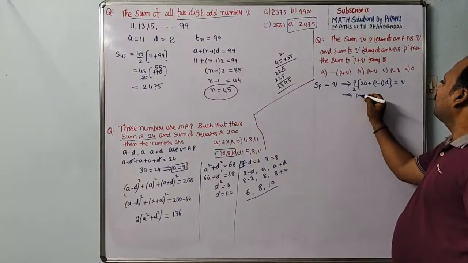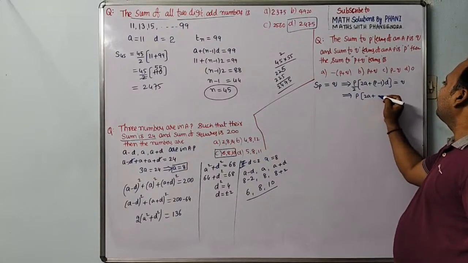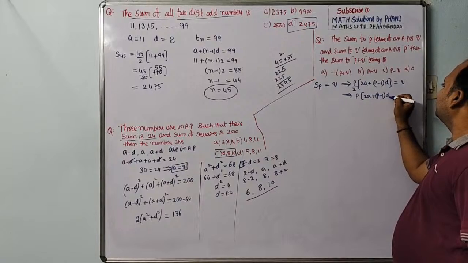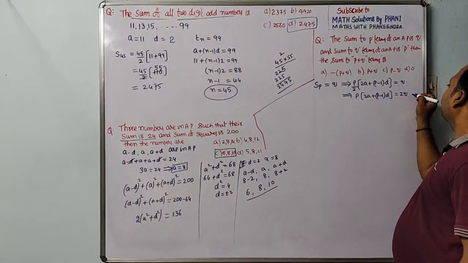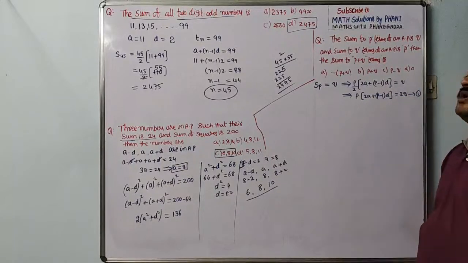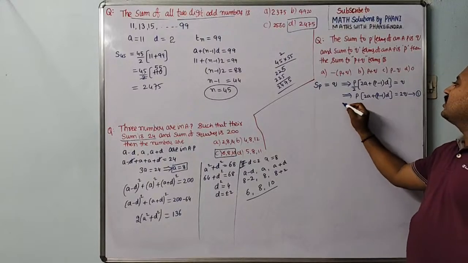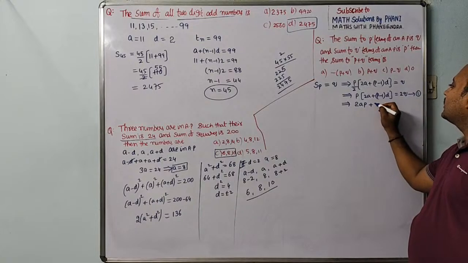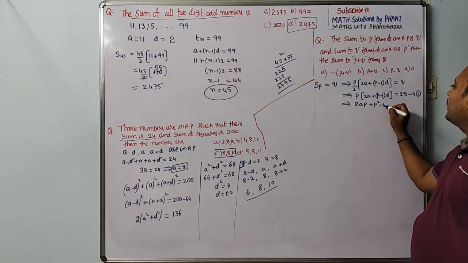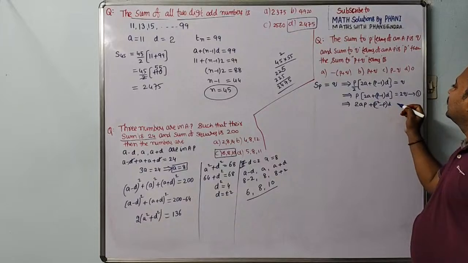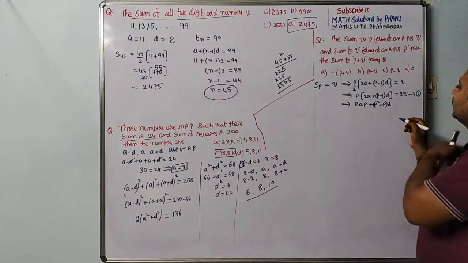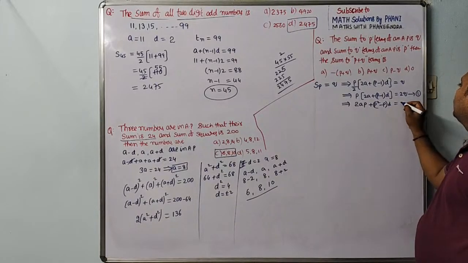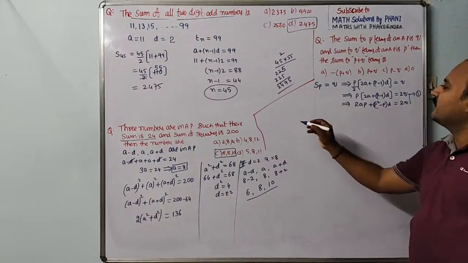So that also implies p into 2a plus p minus 1 into d equals 2q, equation number 1. For more simplification, you can write 2ap plus p square minus p into d is equal to 2q.